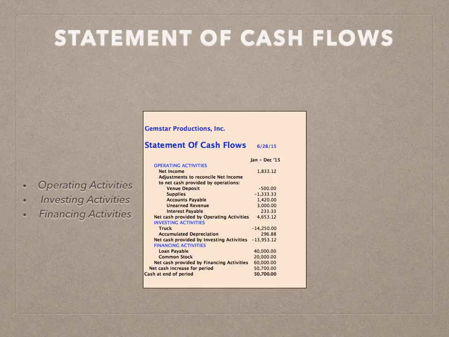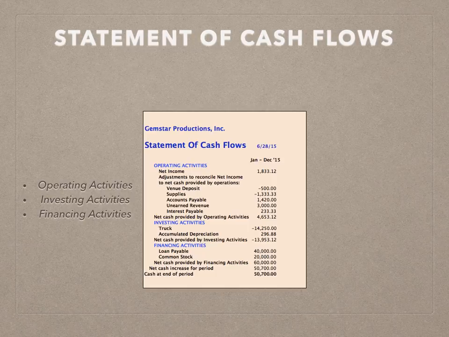Then we have our profit and loss statement. Our profit and loss statement is the most commonly used to see how the company is summarized in our net income, which is gross profit minus expenses.